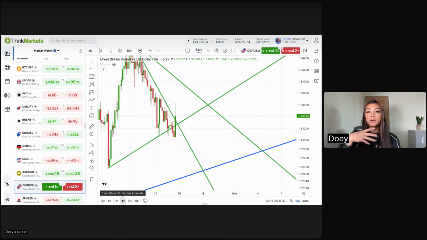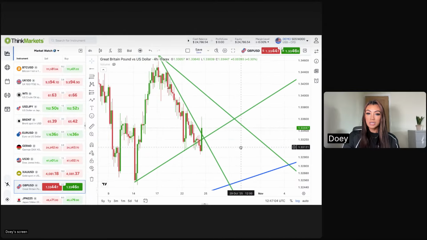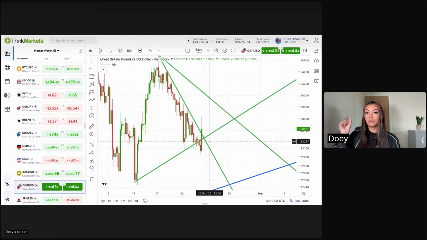But again, it's all about understanding market structure when we're taking our trades. A lot of people don't actually get this, and I think this is the absolute basic fundamental stuff you need to know about trading: being able to read market structure, because you need to know more than are we going up, going down, or going sideways. You need to know when to enter.